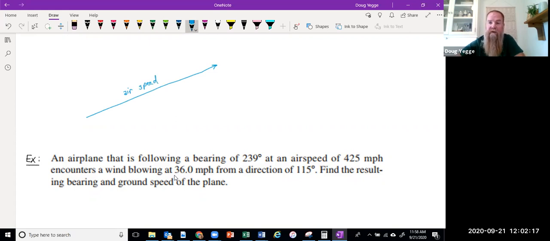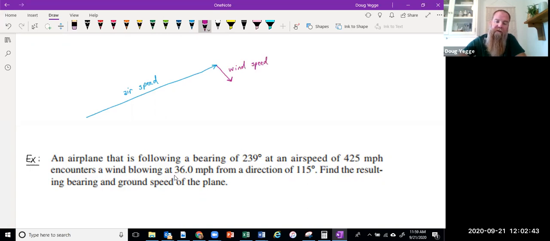Let's say that a commercial airliner is going 500 miles per hour. When you're that high in the atmosphere, there's also going to be wind that acts on you. Let's say the wind was blowing in this direction. This would be referred to as our wind speed.